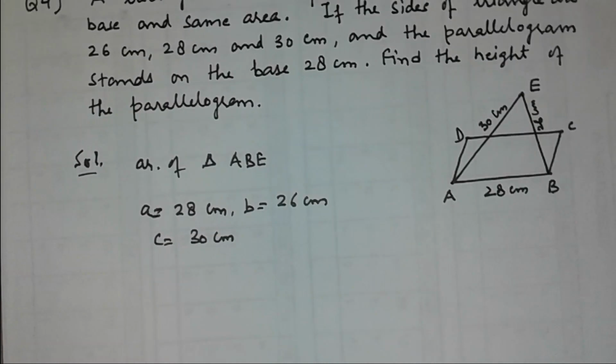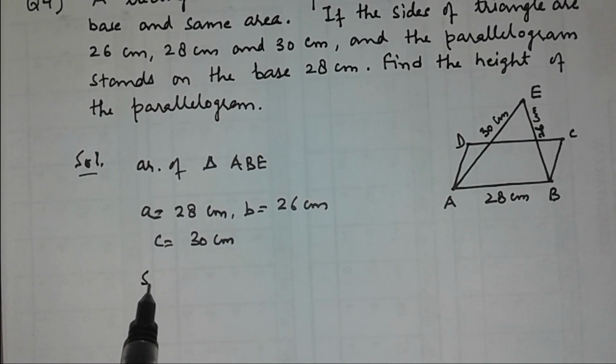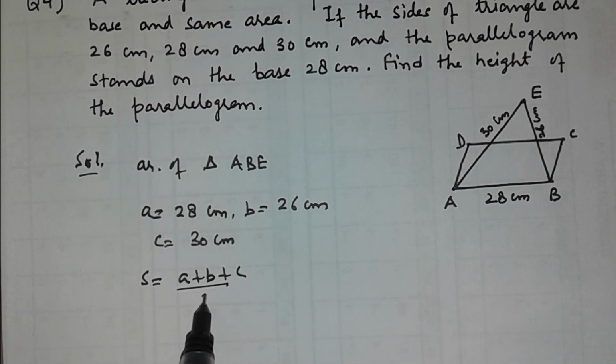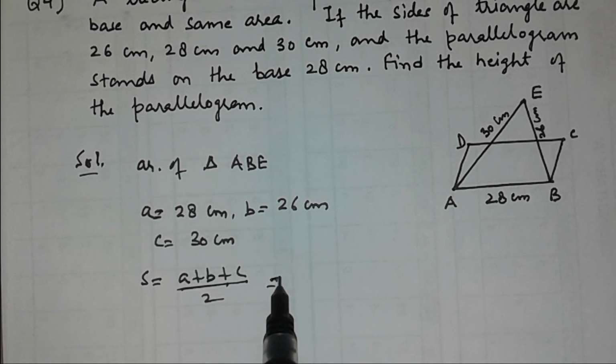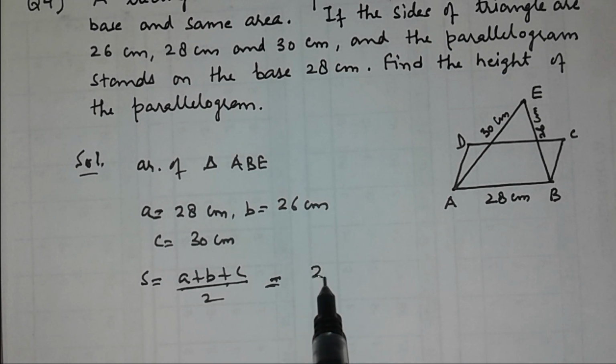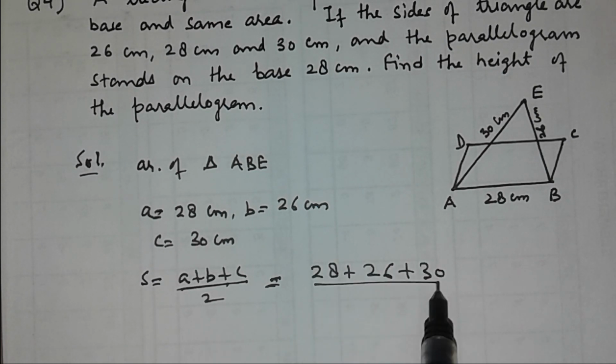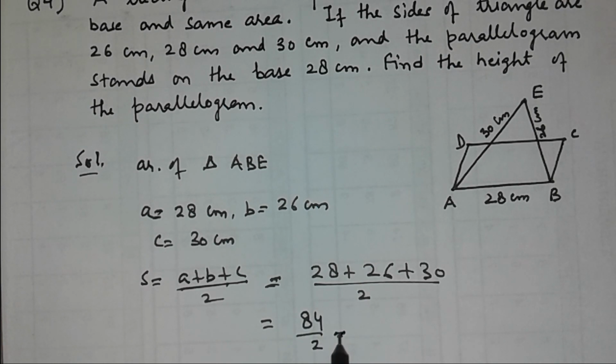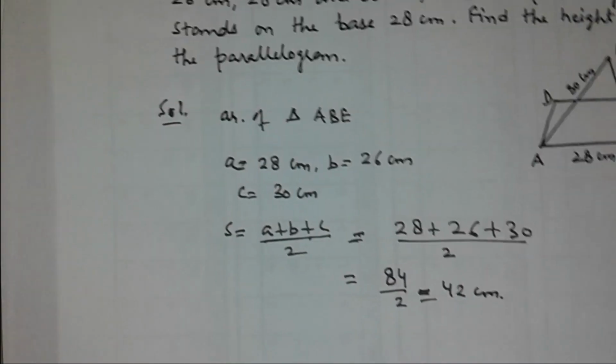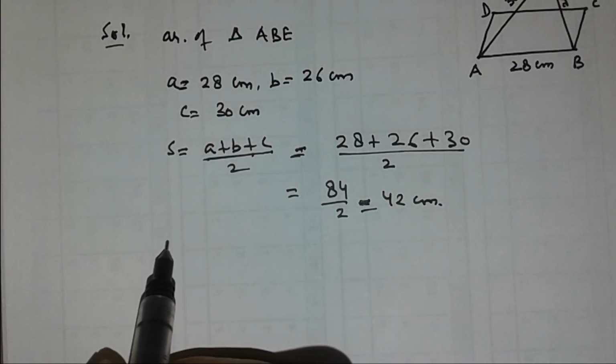Now find s. s is equal to a plus b plus c divided by 2, that is equal to 28 plus 26 plus 30 divided by 2, that is 84 divided by 2, that is equal to 42 centimeters.